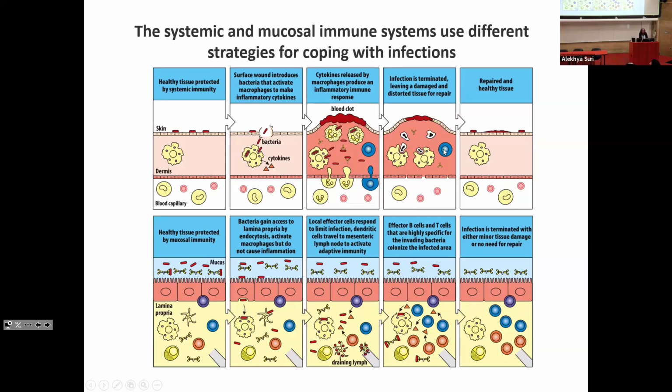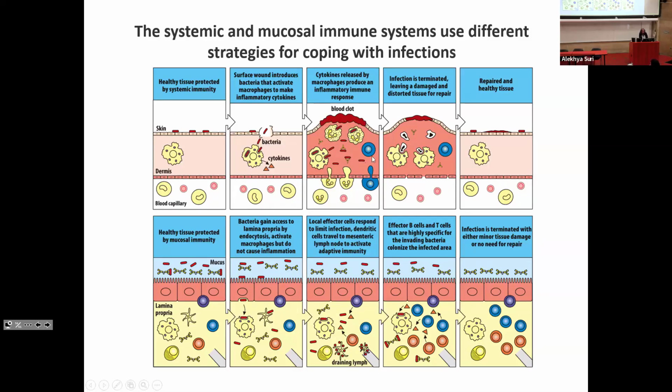We talked about systemic immunity, where you have healthy tissues. If a bacteria is introduced, for example, if this surface wound introduces bacteria into the skin, we know an inflammatory response is going to be generated.